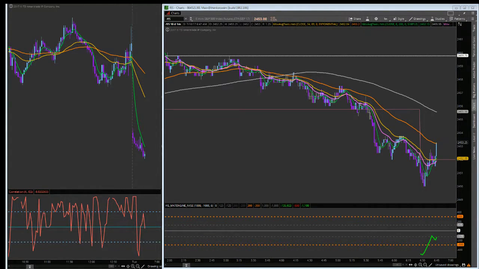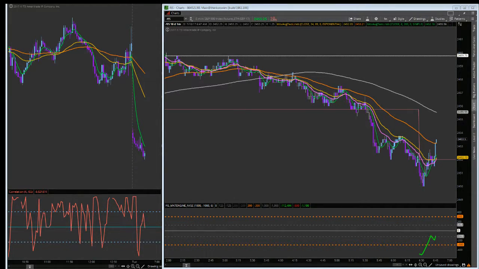All three of the Russell, the NASDAQ, and the NYSE pushing up there. Things are still to the bearish side, still down a bit, although starting to show some recovery here.